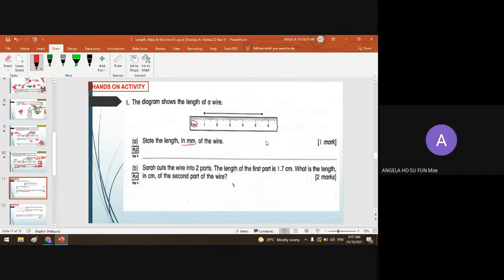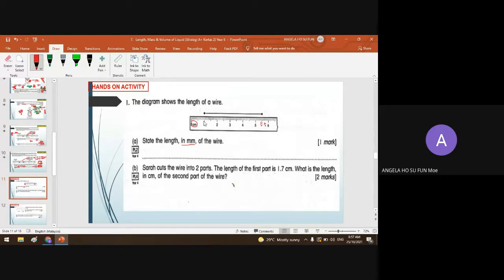If you can see from here, just like that pencil just now, the wire does not start from the 0 point. It starts from 1. So this is 5.5 here, right? But 5.5 is not the actual answer.